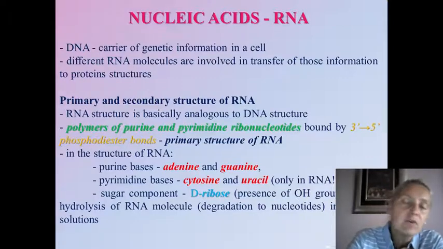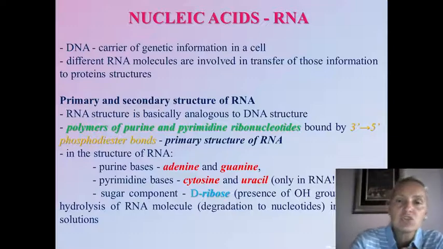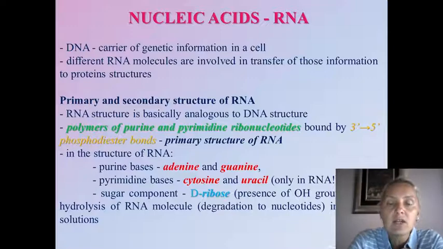So let's focus on the structure of each ribonucleotide. Each ribonucleotide consists of a nitrogen base, and the nitrogen bases found in RNAs are the purine bases adenine and guanine, and the pyrimidine bases cytosine and uracil. Notice that here, instead of thymine from DNA, we have uracil, which is exclusive to RNA molecules.